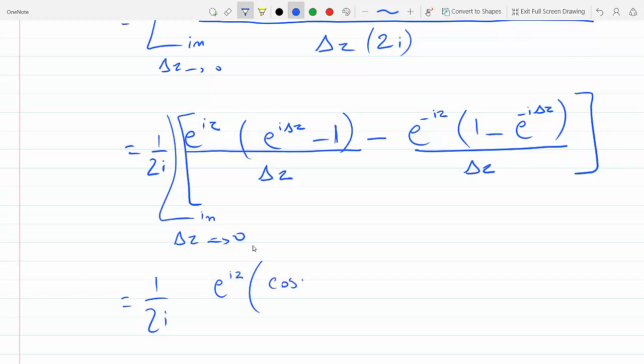So this is cosine delta z plus i sine delta z minus 1, all over delta z.